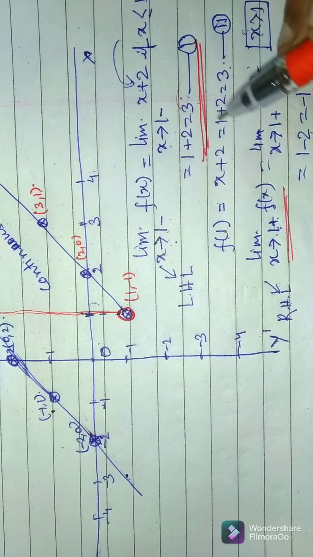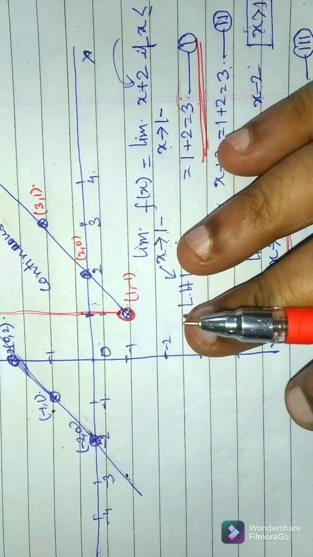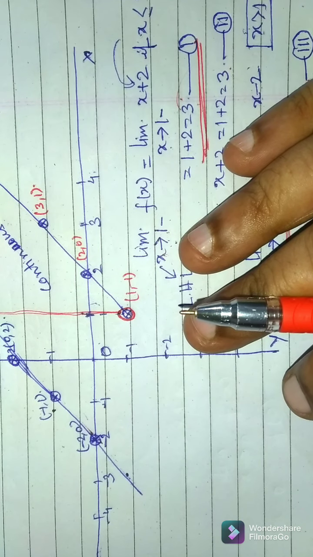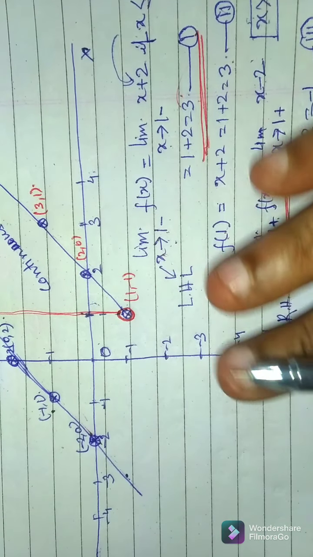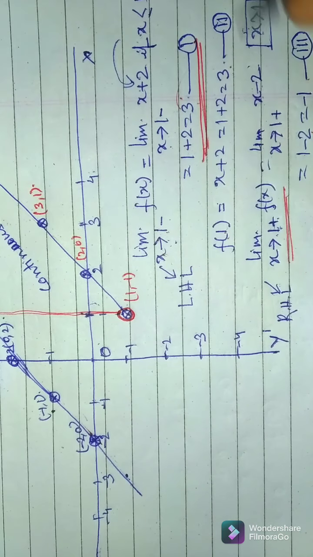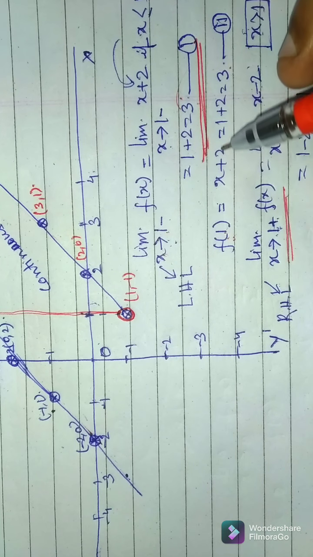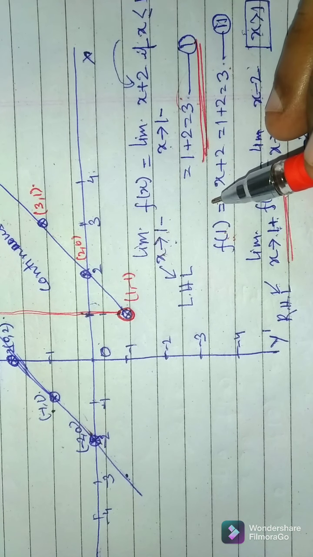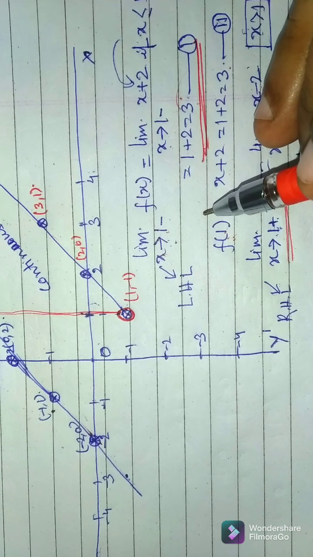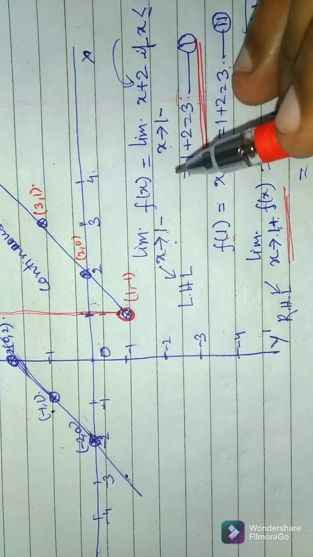If the left hand limit and right hand limit of the function exist and both are equal, their values are equal, and the value of the function at the same point is also equal, then only the function is said to be continuous. Otherwise the function is said to be discontinuous.